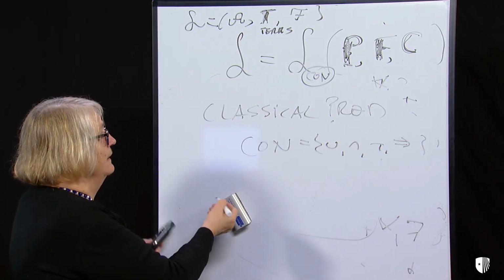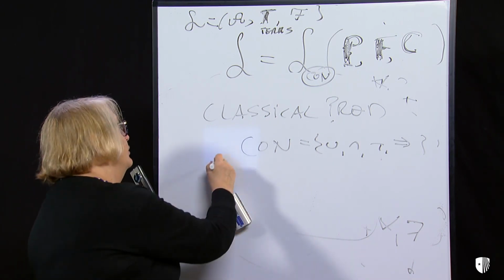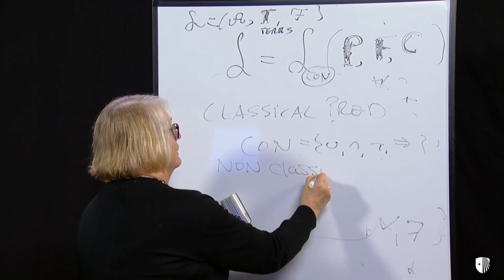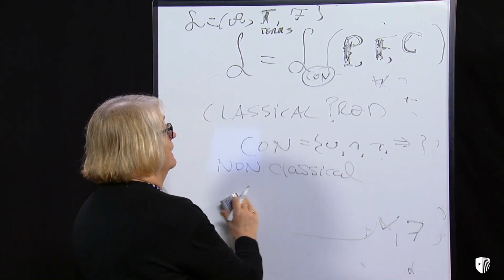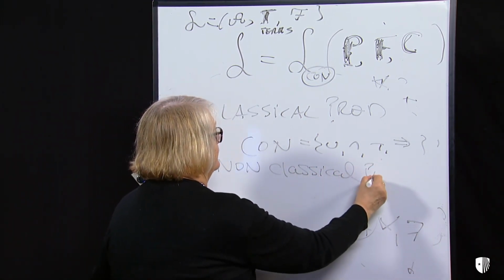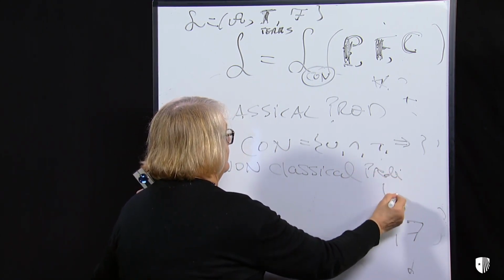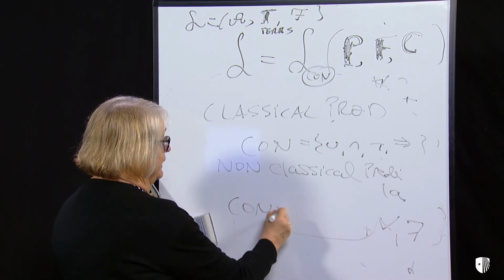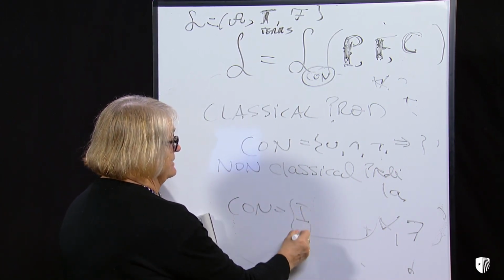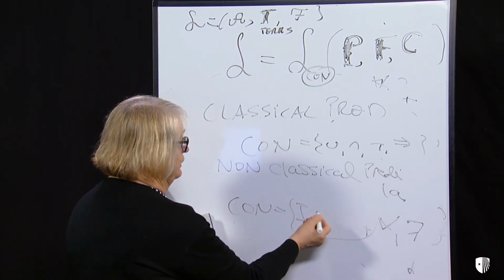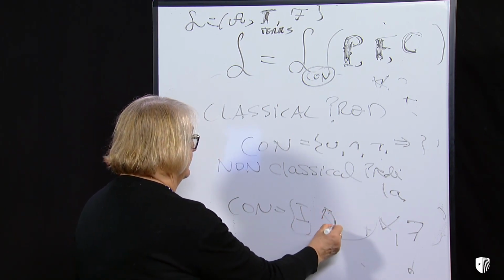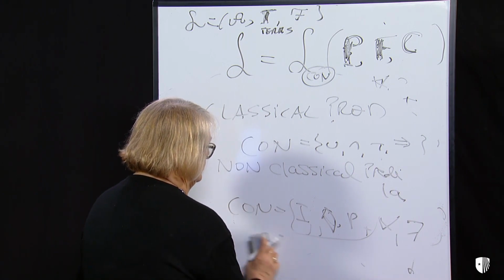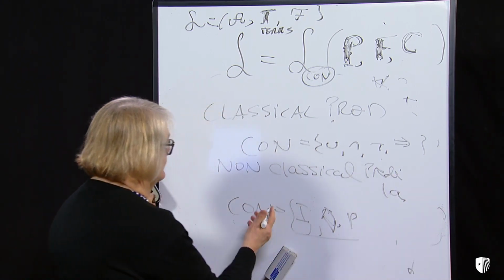But we can also have non-classical predicate languages. It means you can have different non-classical connectives, whatever you want, modal connectives and so on.